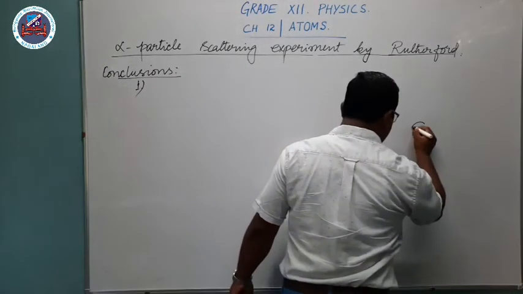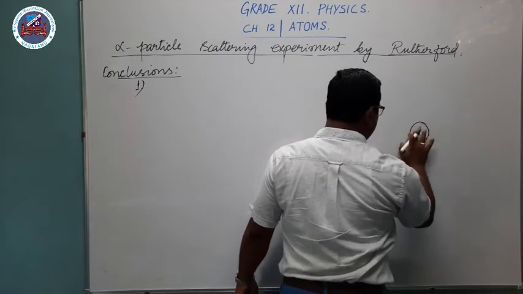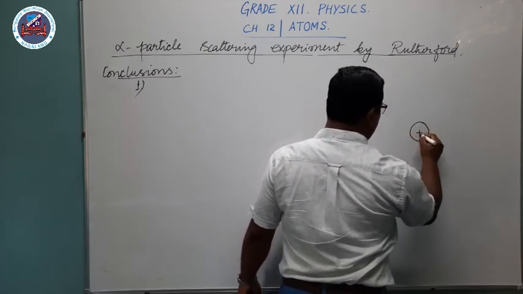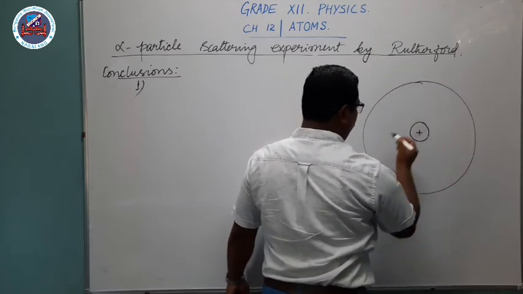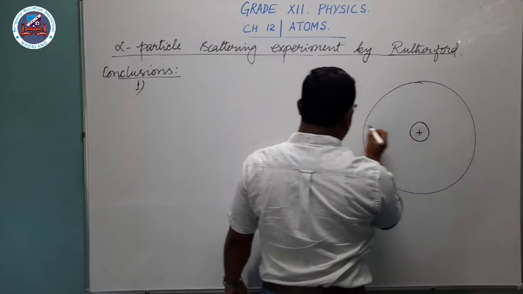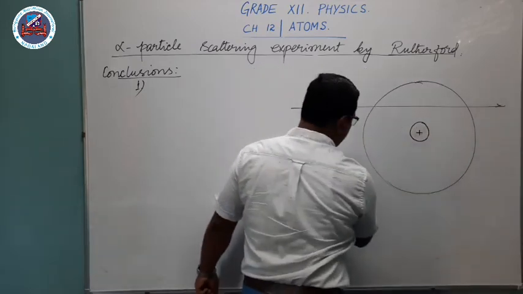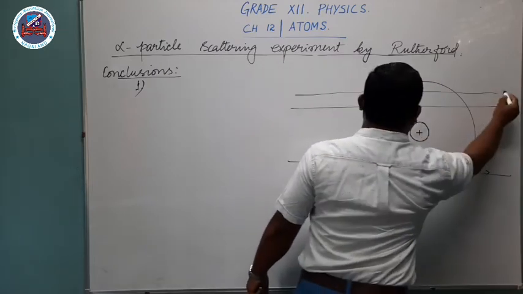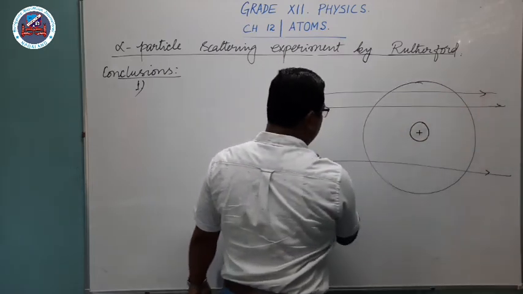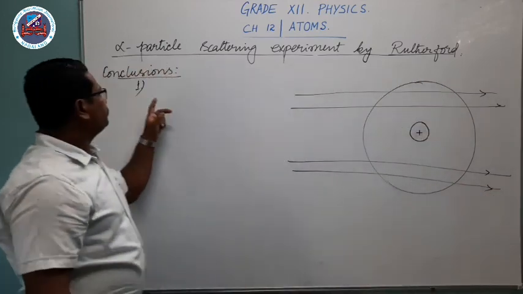Suppose I draw a nuclear model now, this is your nucleus. This is your electron orbit. And most of the alpha particles went straight. That indicates an atom has a lot of empty space. That is the first point.